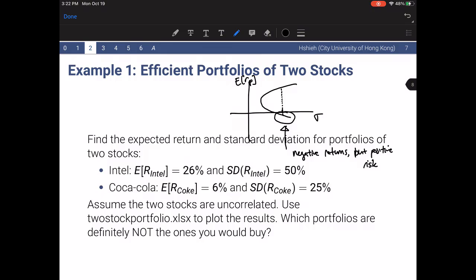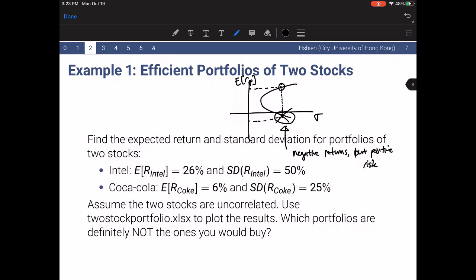For this amount of risk, you can actually get a higher return if you hold a portfolio with certain weights that gives you this amount of return. So this portfolio with this risk should not even be considered if it gives you negative returns. Okay, so that's what the plot looks like.